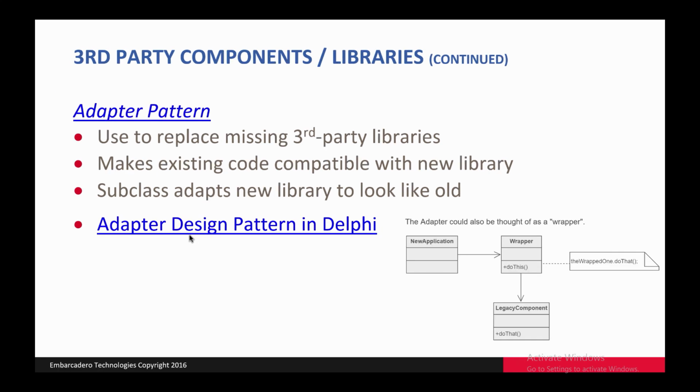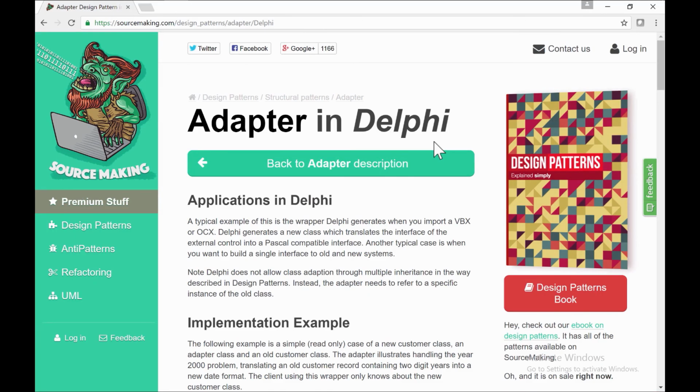This link here has coding examples in both Delphi and C++ on how to use the adapter pattern. Here we see the adapter pattern is used to convert the interface of a class into another interface clients expect. The adapter lets classes work together that couldn't otherwise because of incompatible interfaces.